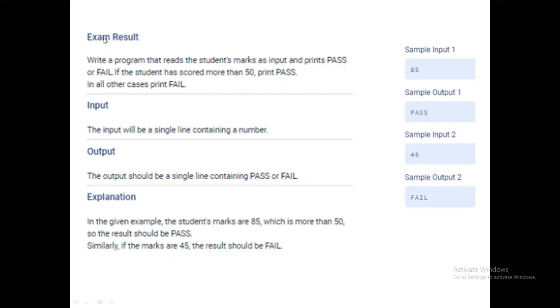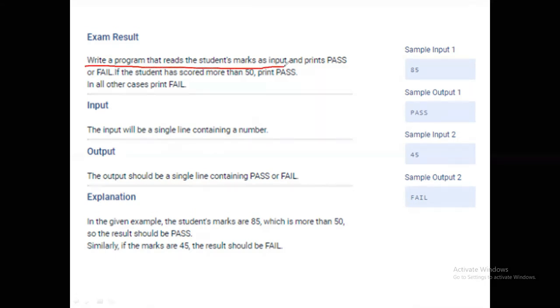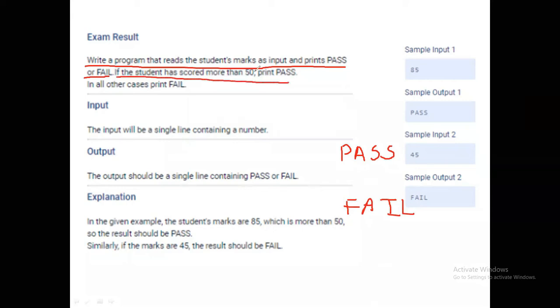Exam result. Write a program that reads the student marks as the input and prints pass or fail. Here also we are going to print two statements, either pass or fail. You are going to print pass if the student has scored more than 50.